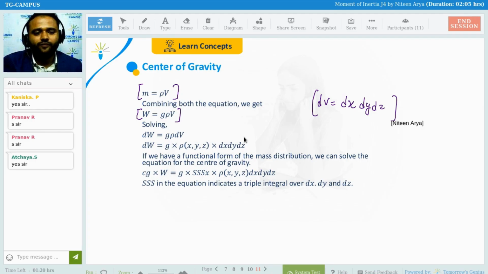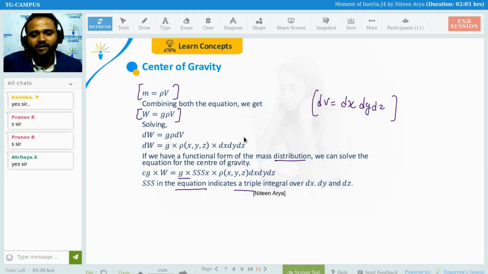So if we have a functional form of the mass distribution, either the surface mass density, the linear mass density, or the volume mass density, we can solve the equation for the center of gravity: Cg into W equals triple integral of x rho g dV.